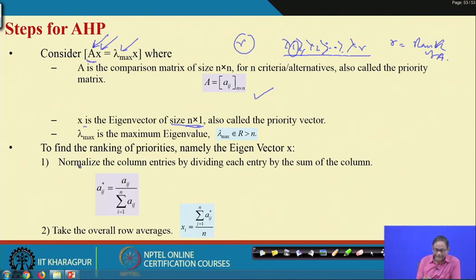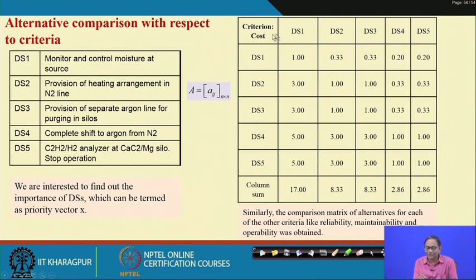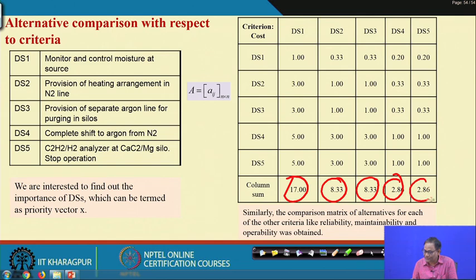What you do, because you have a matrix, is normalize the column entries by dividing each entry by the sum of the column, and then take the overall averages. For example, this is our matrix A. What is the sum? Sum here is 17, here 8.33, 8.33, 2.86, 2.86.